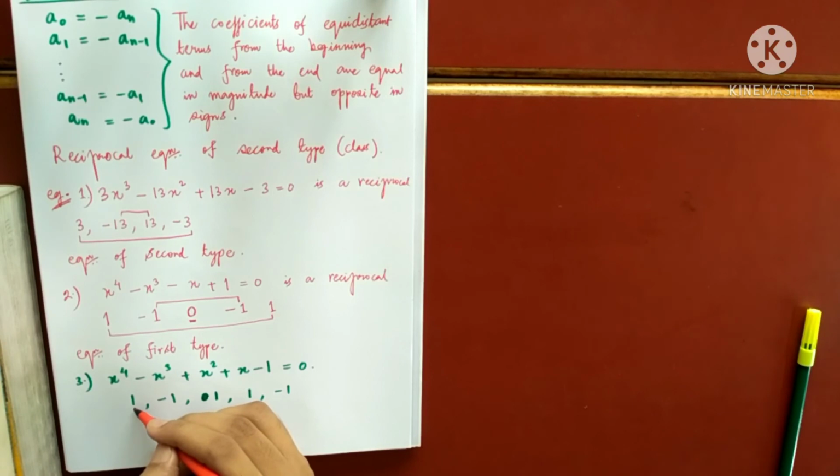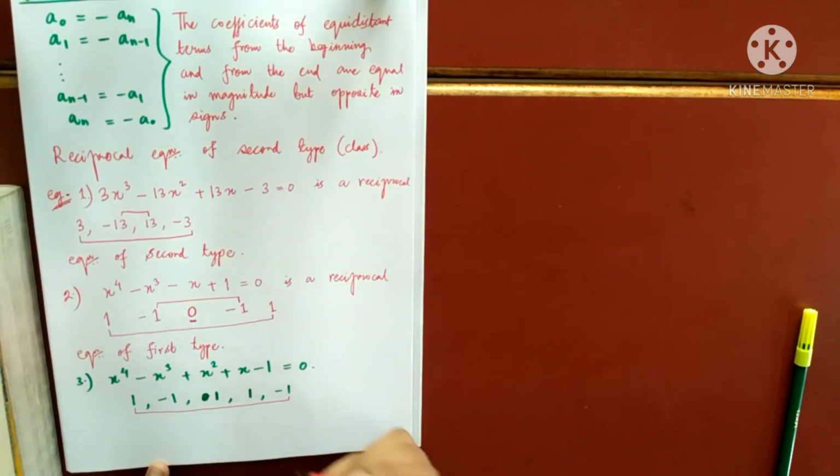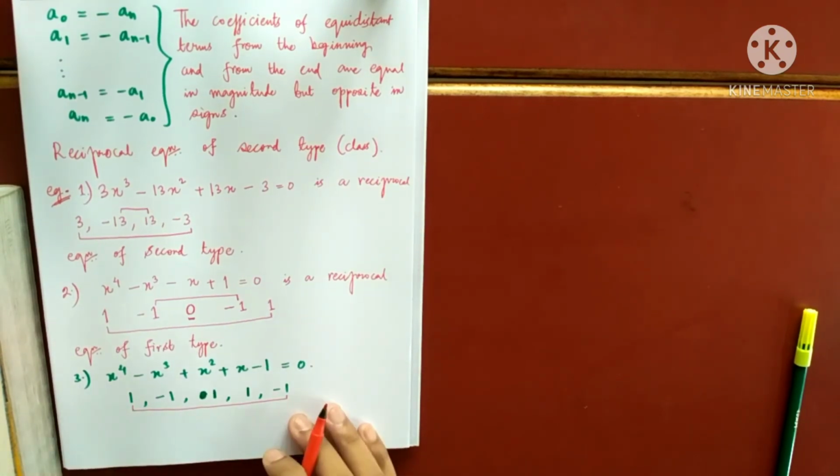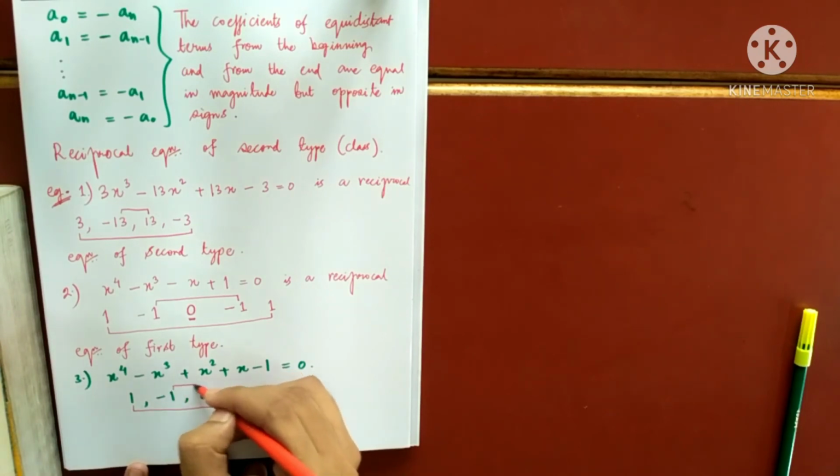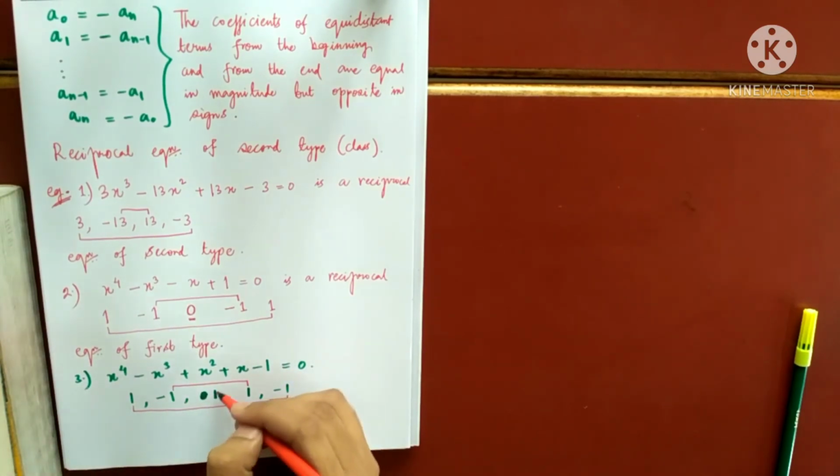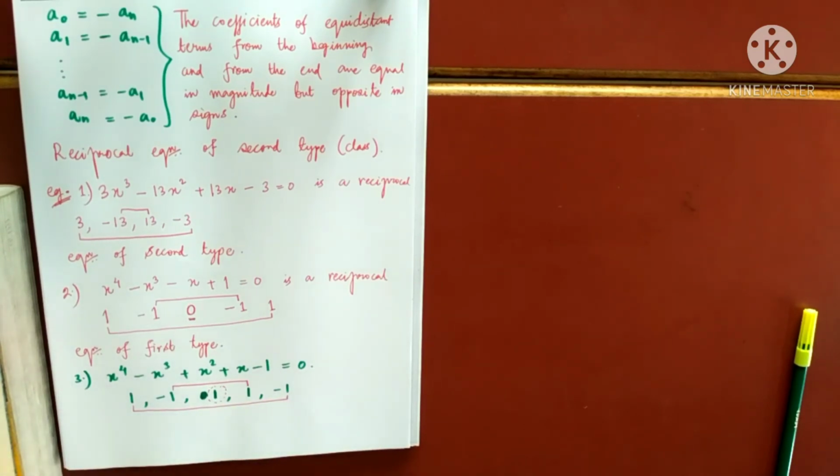The first and last coefficients are equal in magnitude but opposite in sign, so it cannot be of the first type.